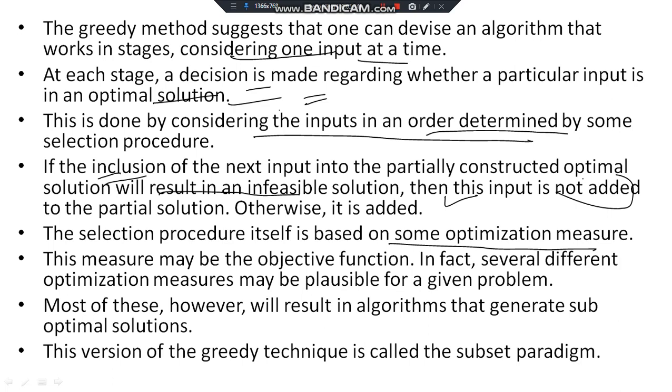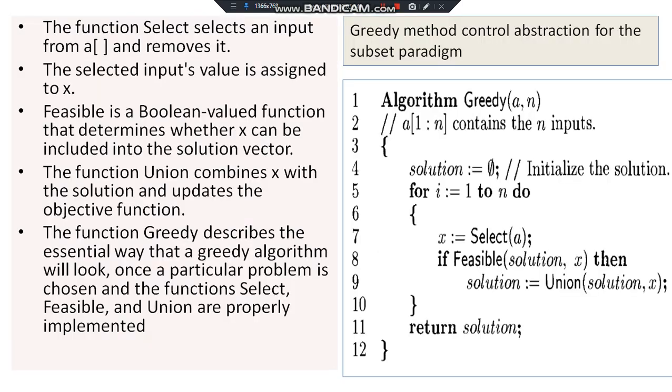In fact, several different optimization measures may be used for a given problem. Most of the problems will result in algorithms that generate suboptimal solutions. This version of the greedy technique is called the subset paradigm, wherein we are finding subsets, as I have told you previously.